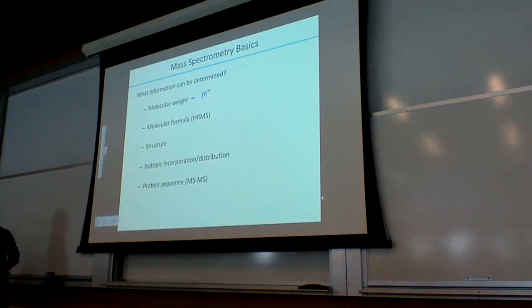You can look at the different isotopes, and that can tell you things about what types of atoms are incorporated into the sample. So if you have chlorine, we know, or bromine, those affect the isotopic distribution of our M plus peak, and we can look at that.